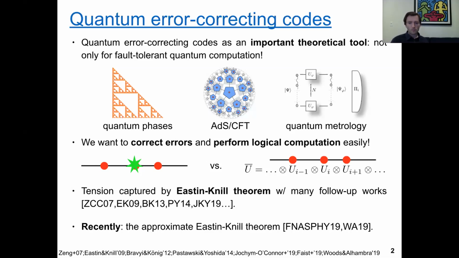So last year, there were 2 works which explored an approximate version of the Eastin-Knill theorem. The approximate here refers to the fact that we were talking about approximate error correction instead of exact error correction. And in the talk, I will be focusing on the approximate version of the Eastin-Knill theorem.